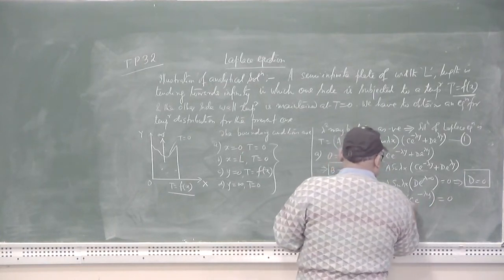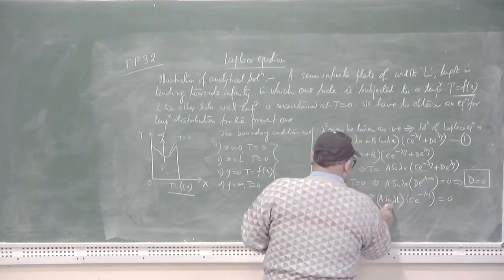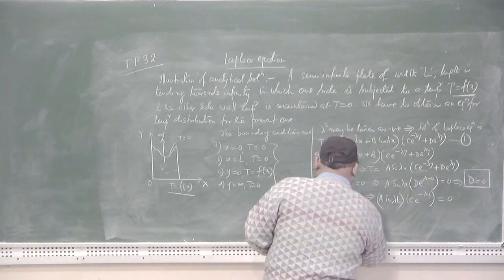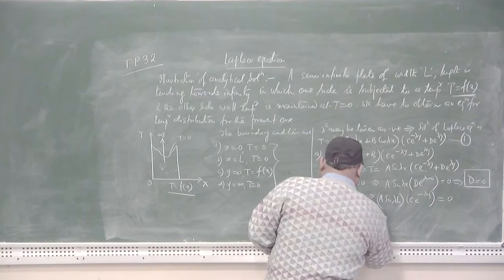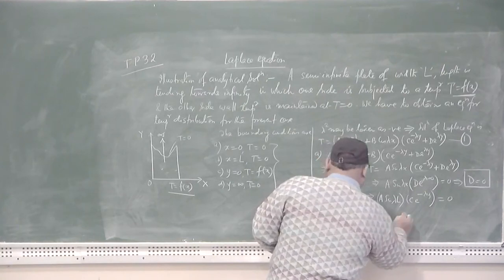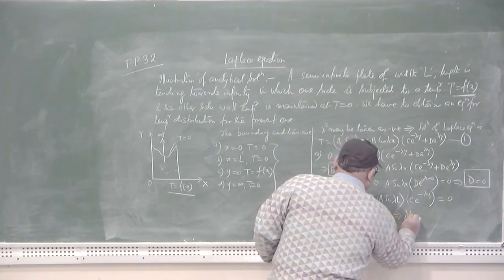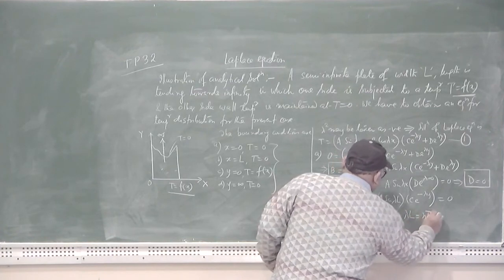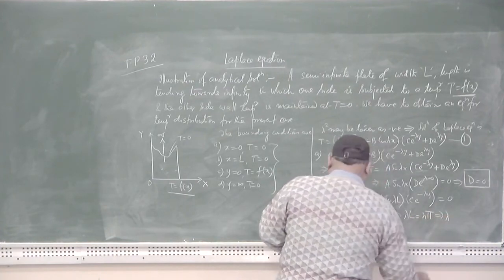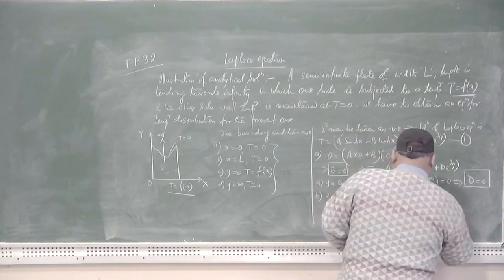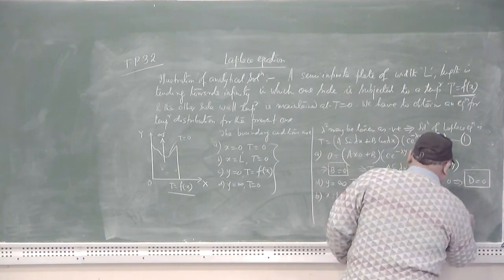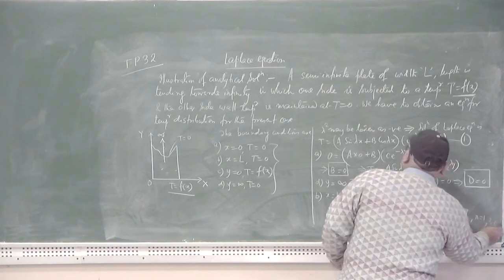So, you cannot evaluate C equal to 0, rather you should evaluate sin lambda L is equal to 0. So, the value of lambda L is equal to n pi. So, lambda is equal to n pi by L, where this n is equal to 1, 2, 3, etc.